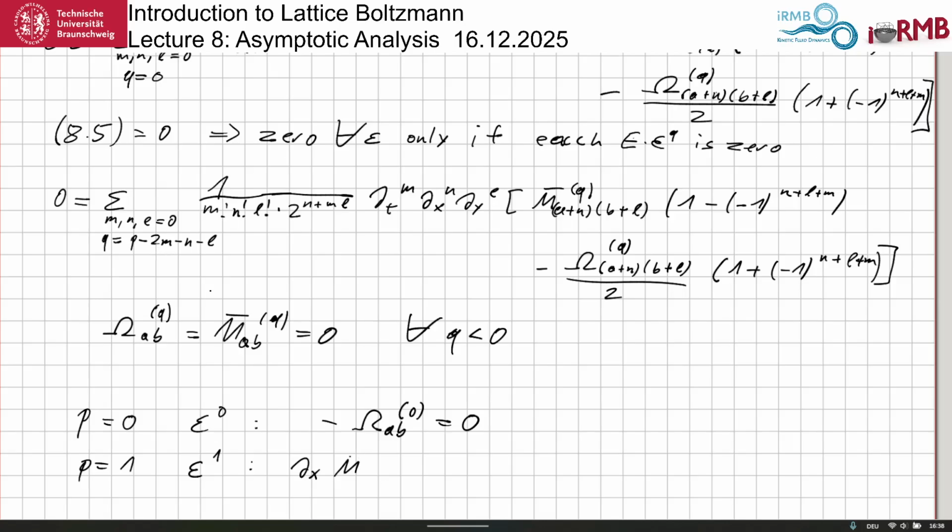Yeah. So we start with dx, and here we have a plus 1 b of order 1 plus dy m a of order 0 a b plus 1 minus omega ab of order 1 is equal to 0.